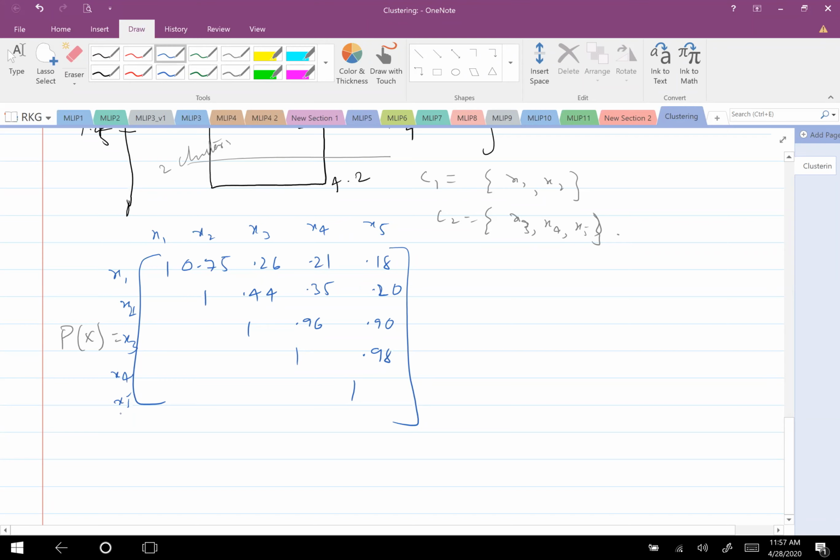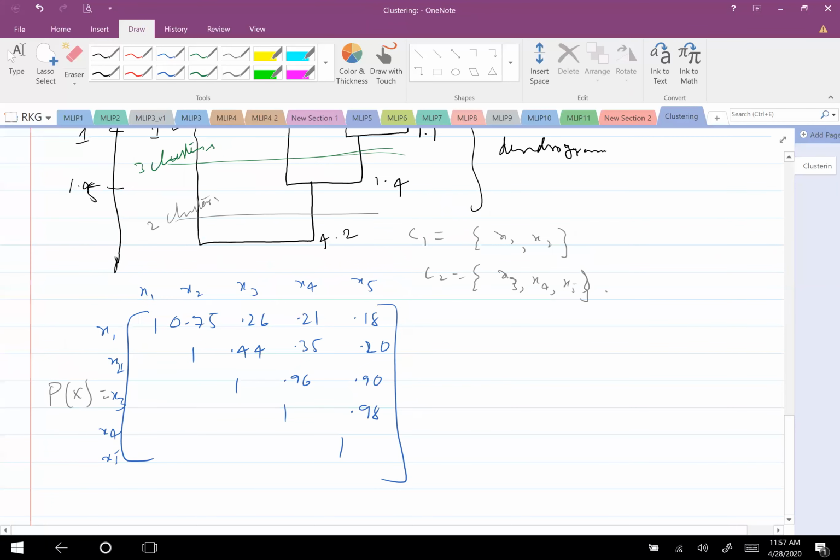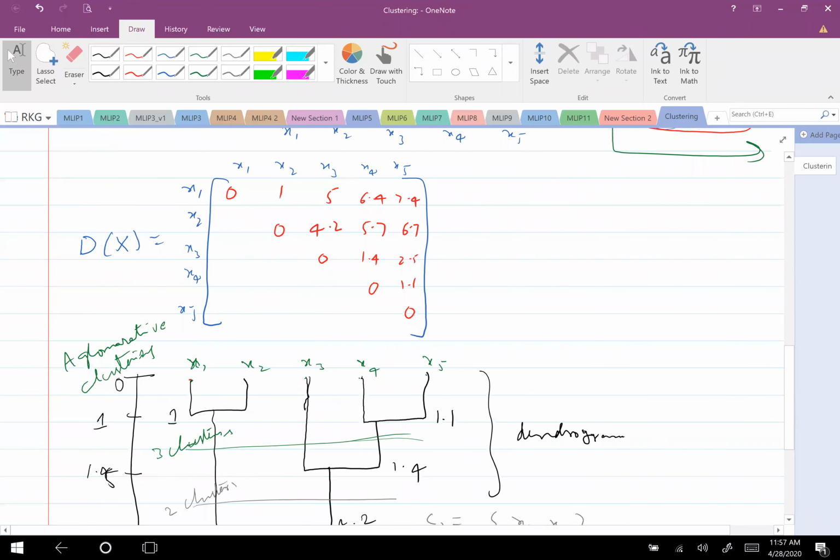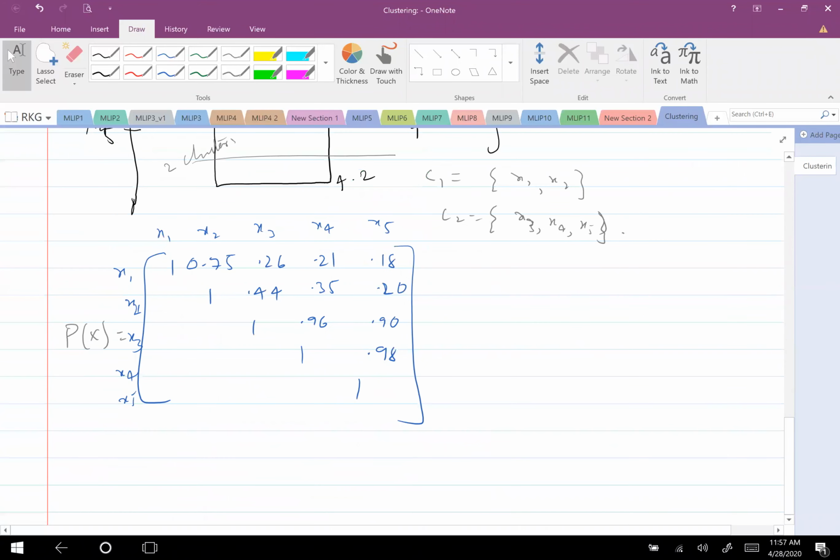And this is the proximity matrix. If I give you a matrix, will you be able to tell whether it is a similarity or dissimilarity measure? Yes, right? How will you tell? You will be able to tell because X1 to X1 is one.